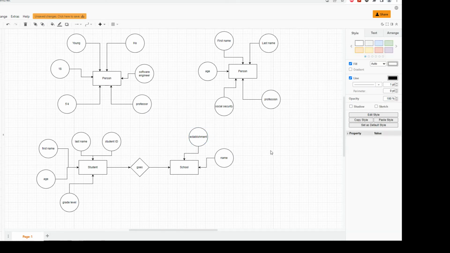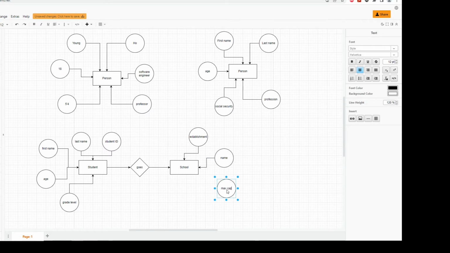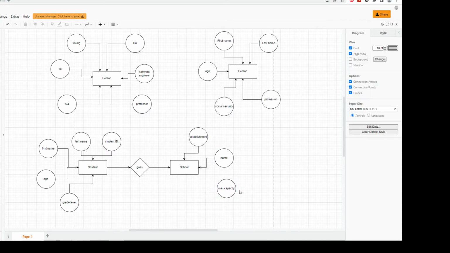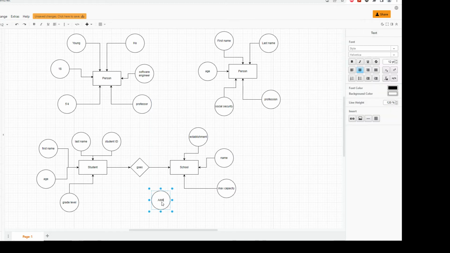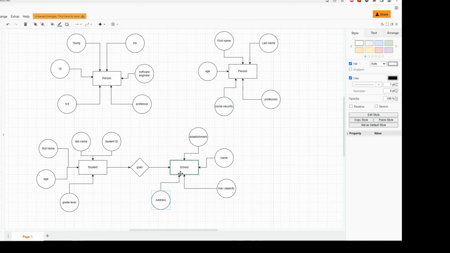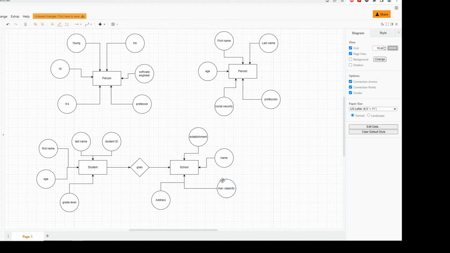Name, school, maybe max capacity, how many students the school can have, address, stuff like that. You get the idea.